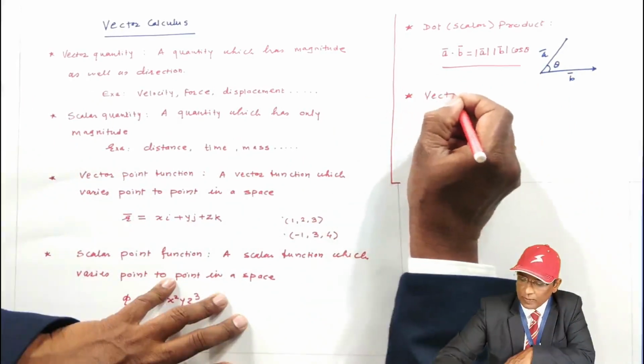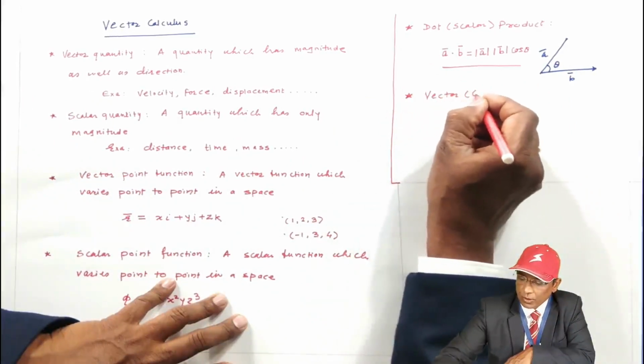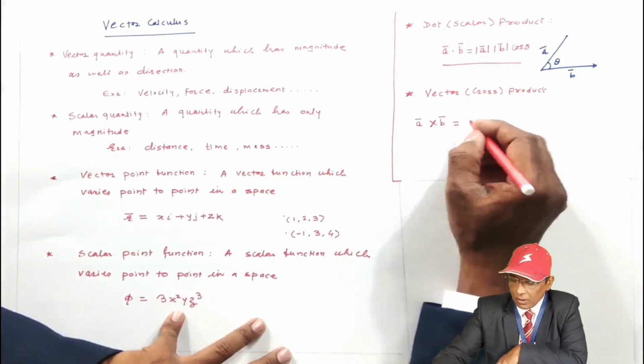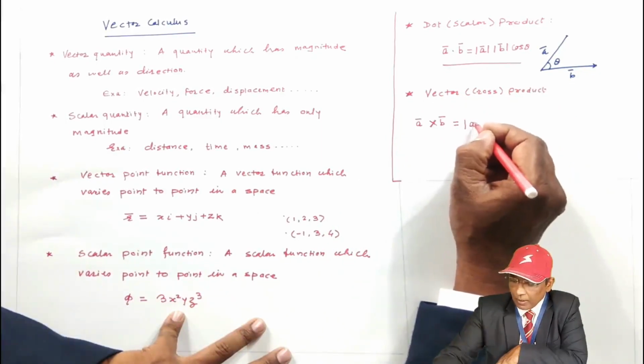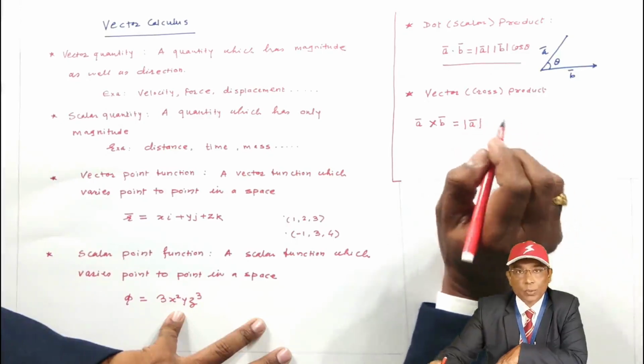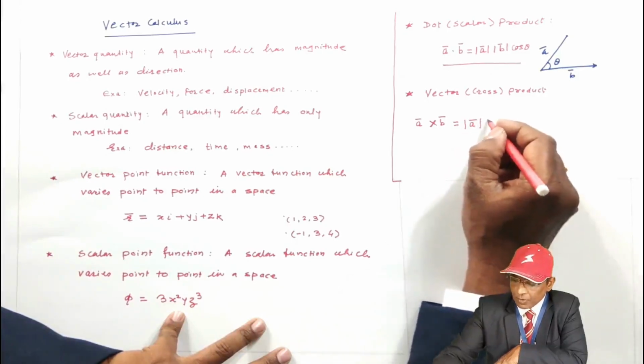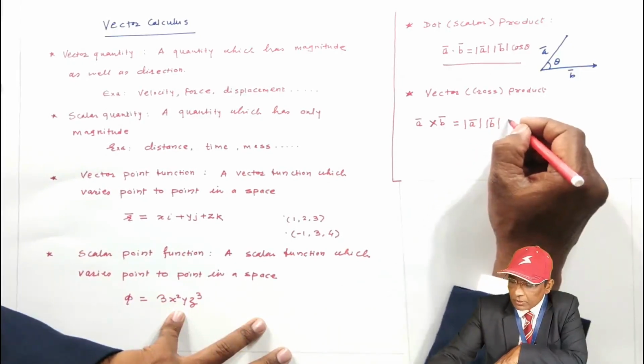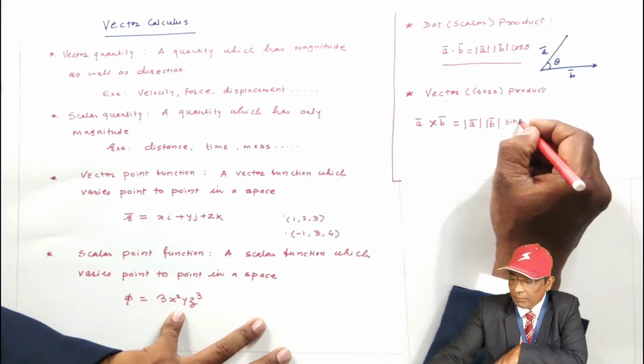Now, the vector or cross product of two vectors. How is it resolved? It is the magnitude of a bar, which is a scalar, multiplied by the magnitude of b bar, which is a scalar, and multiplied by the sine of the angle between the two vectors a bar and b bar.